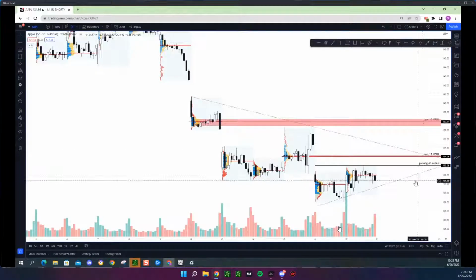So the best reward would be if it breaks 134.08 and go along to 137.94.